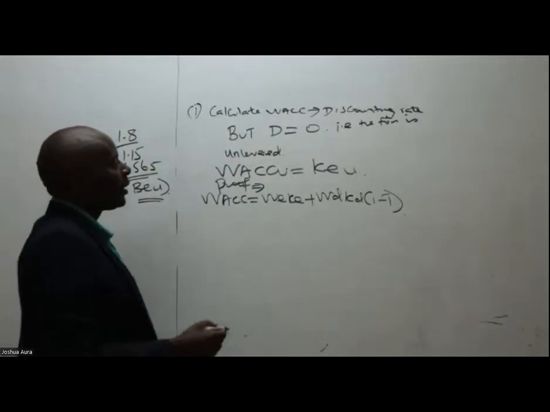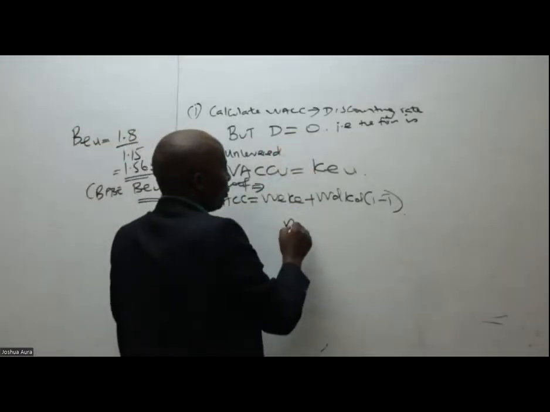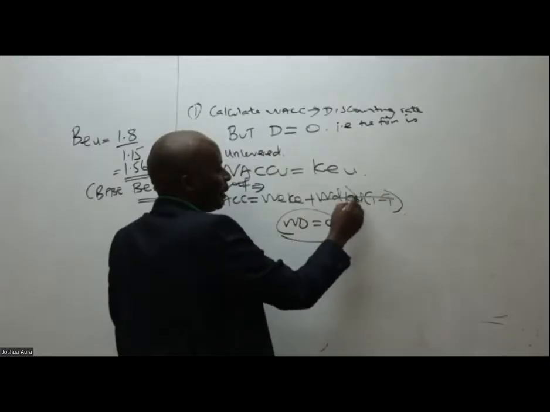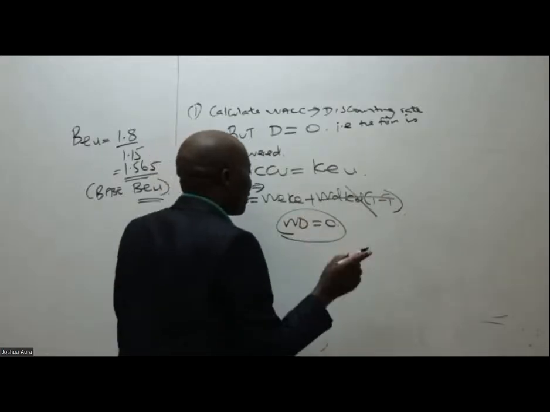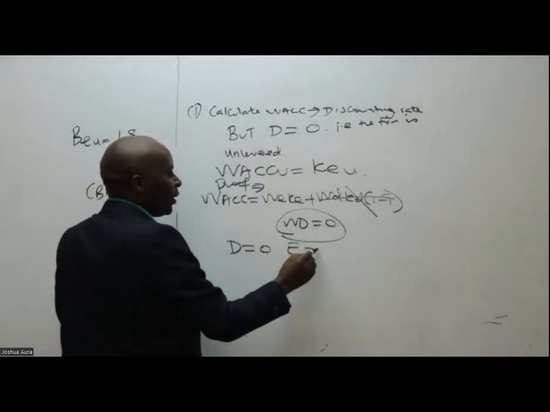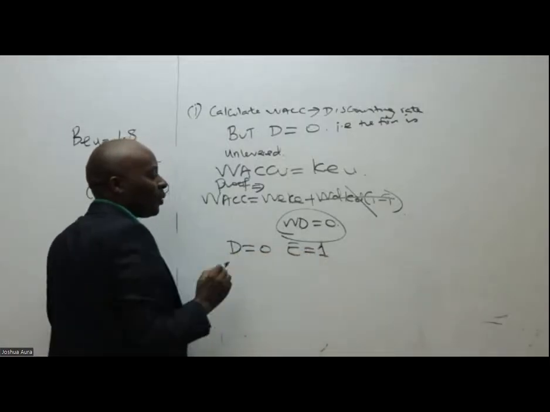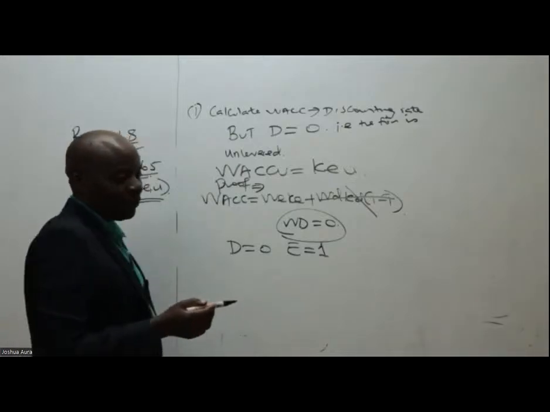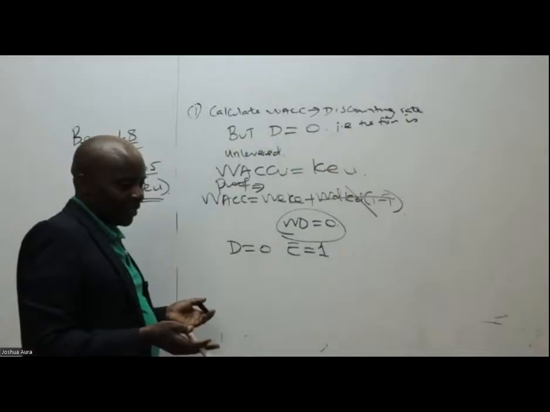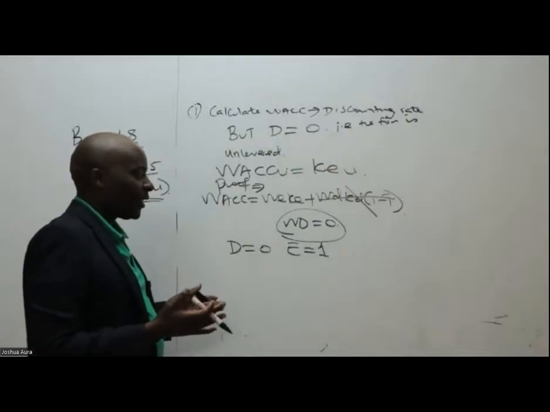So remember that if debt is 0, then automatically weight of debt will be 0. And if weight of debt is 0, this kills everything there. And the other thing you're supposed to know is that if debt is 0, then equity automatically will be 1, because the two must always add up to 100%.